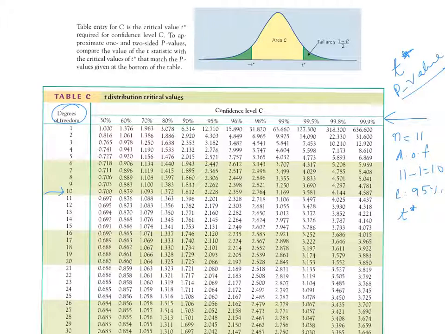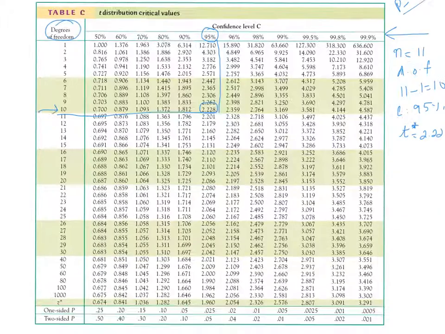You're looking at row 10 and you're looking at the column headed by 95% confidence level. Go down this column, go across this row, and the number that you see here is 2.228. That is the T star for a confidence level of 95% in a T procedure with degrees of freedom 10.